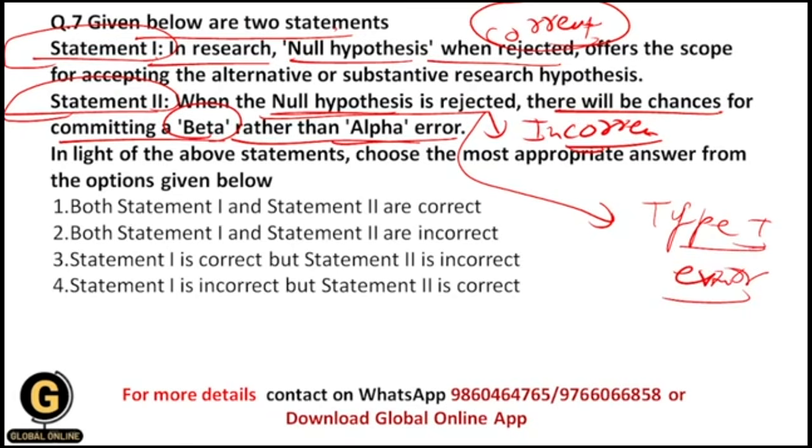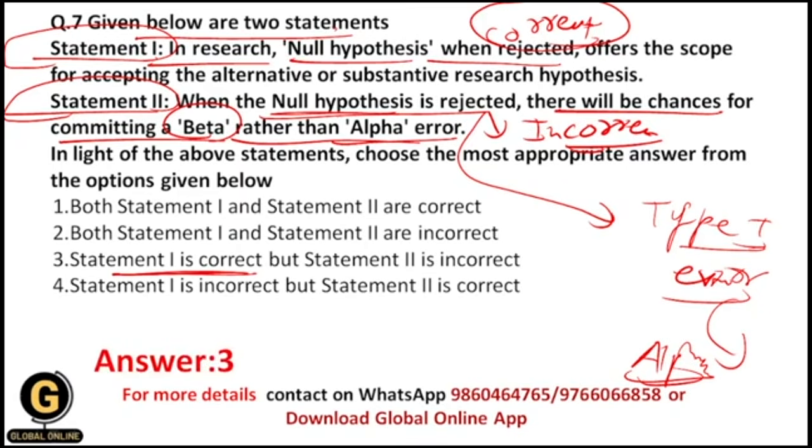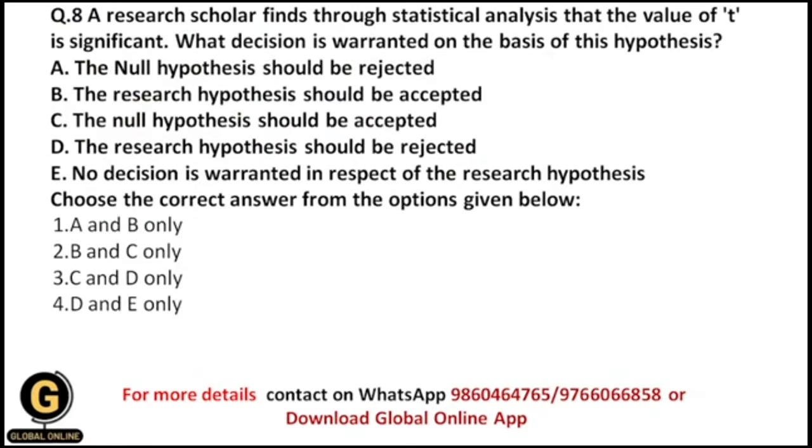And the probability of occurring type 1 error is itself what? Alpha. That's why there will be chances for committing alpha error, not beta error, and your correct answer should be 3, because statement 1 is correct but statement 2 is incorrect.